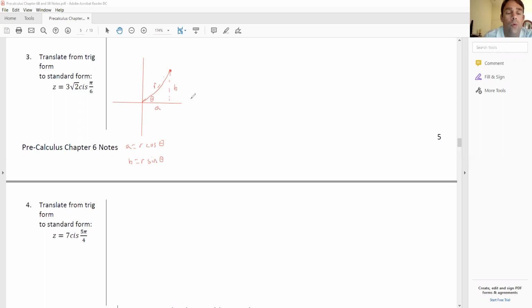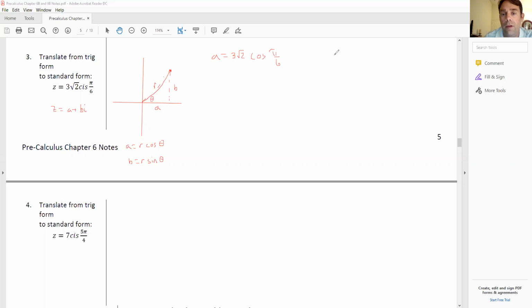So when I'm translating back into its complex form, I'm just taking my R and my theta and using them to come back to A plus Bi. So this one, to get A, it's going to be 3√2 cosine of pi over 6.